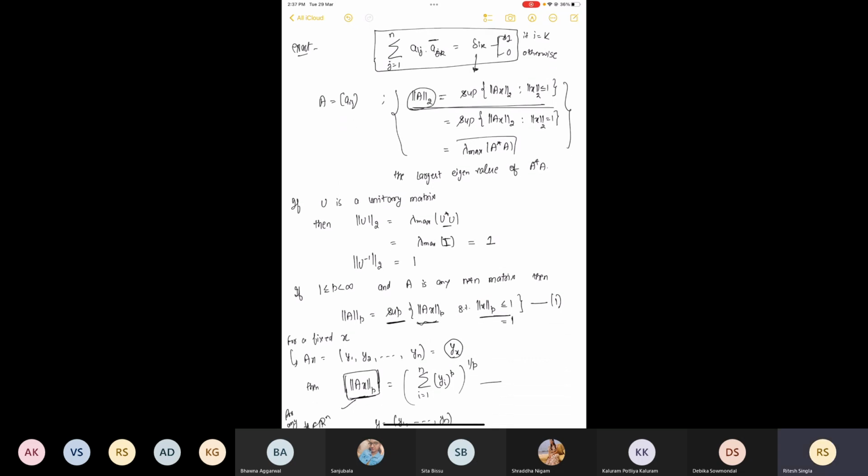For p equal to 2, this result is also true, because it is quite difficult to find Ax for each x. You don't know what x you can choose, so it is difficult to find the norm using this definition. So here we use this definition.